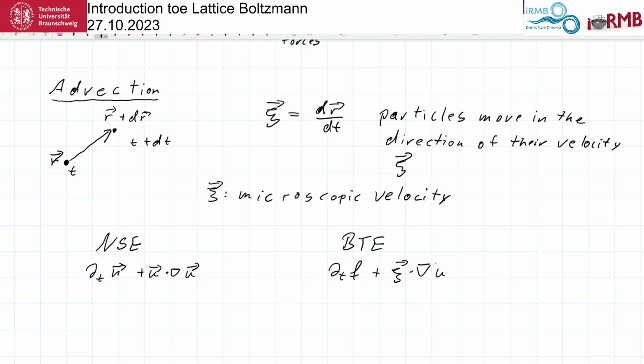So this part looks a little bit similar, but okay, I'm writing this, and this is of course nonsense. I mean, it's advecting the probability, right? So now in both cases, u and f are the variables we are solving for.